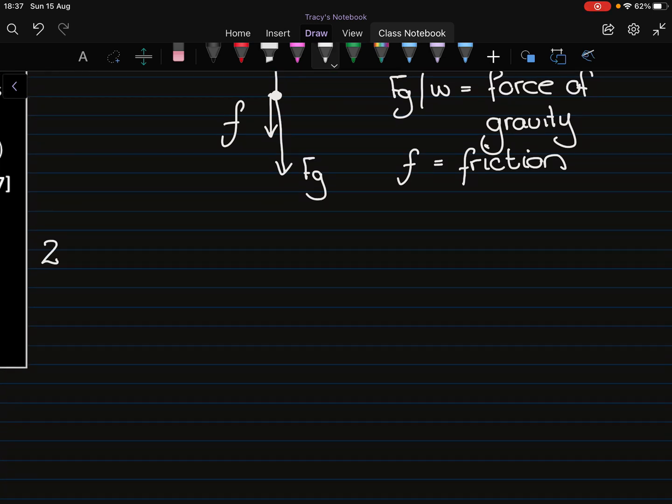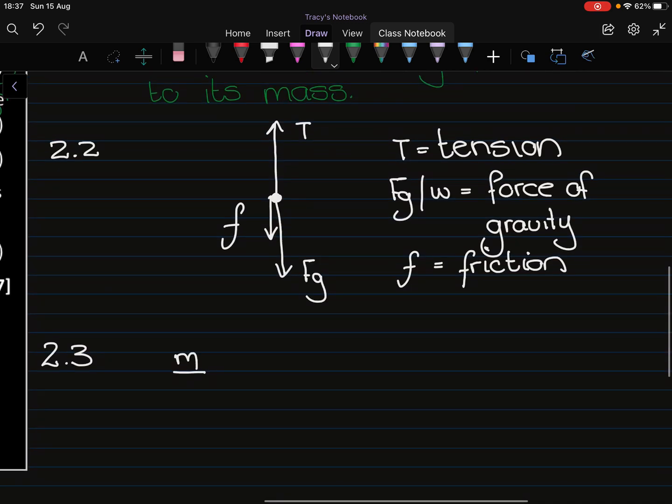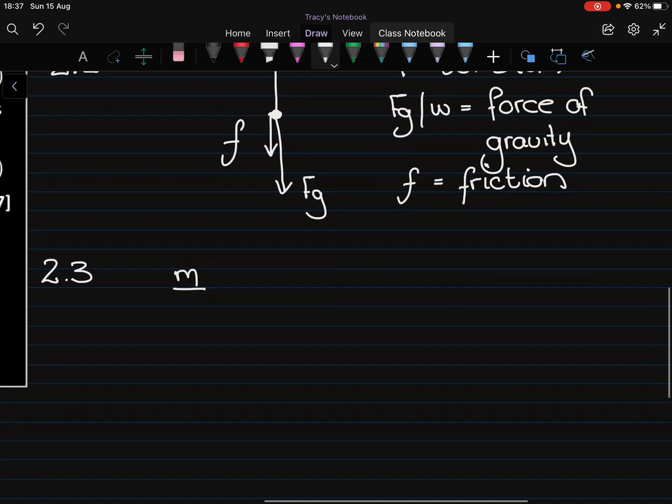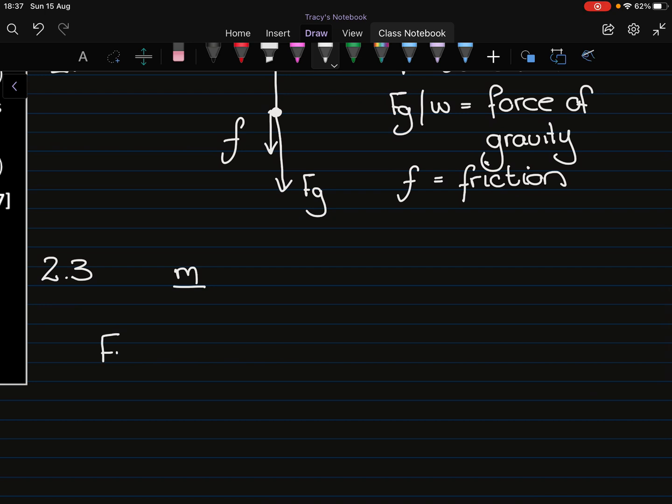So 2.3. If I look at the drone, at mass M, we already know what the free body diagram looks like, right? So F net equals MA. So for the mass, we're going to have tension, because that's the first one, minus friction, because it's acting in the opposite direction, minus Fg equal to MA.